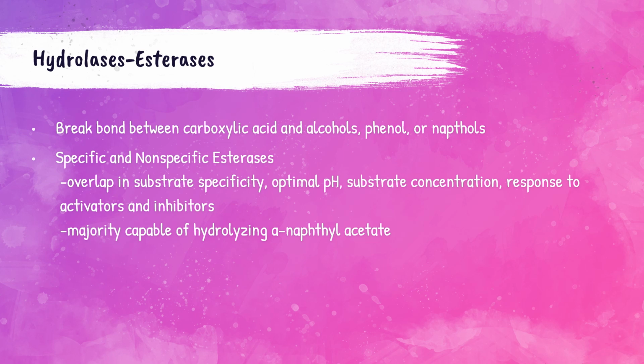There is overlap in substrate specificity and concentration, optimal pH ranges, and their response to activators and inhibitors. But a majority of both specific and non-specific esterases are capable of hydrolyzing alpha-naphthol acetate.